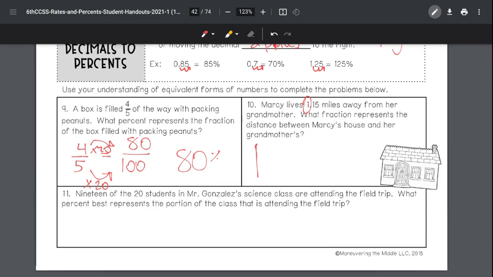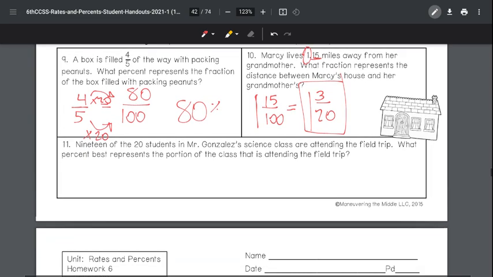But then we have a second grid, and it has 15 boxes colored in because that decimal is 15/100ths. Okay, so there's the distance, but it can be simplified. 5 is our common number. How many 5s make a 15? 3. How many 5s make a 100? 20. There is your final answer.